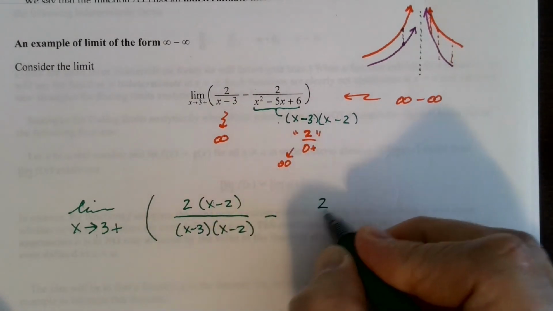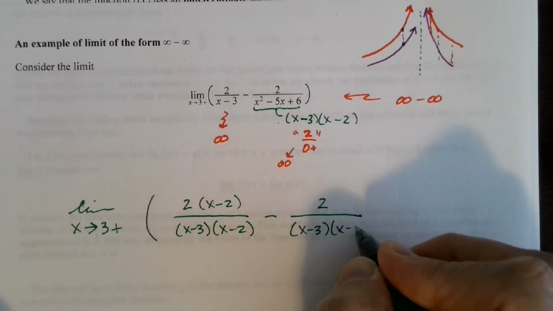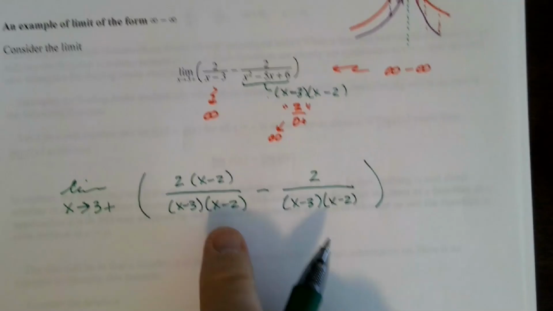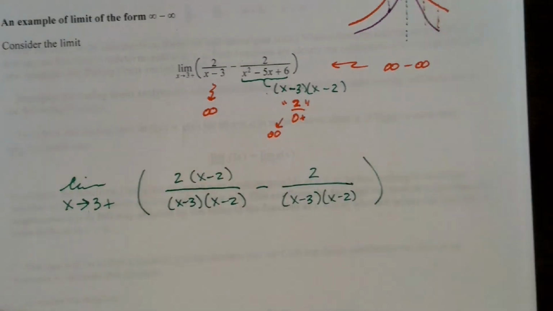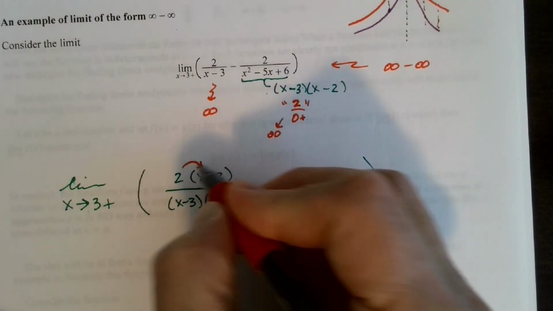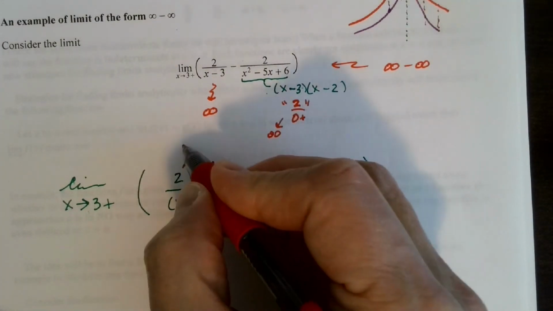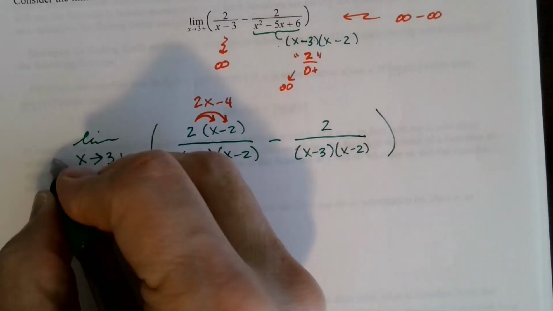Here I still have 2 over, we'll go ahead and write the factored form. Right? And now I have this common denominator, so I can subtract this minus this. Before we subtract, let's distribute this 2 through. And I get 2x more. And so, what do I have?